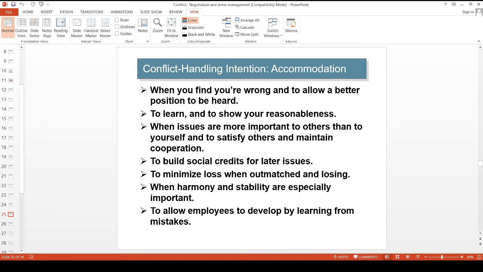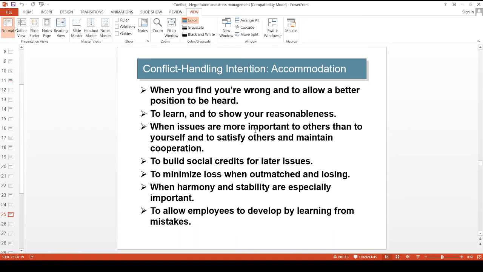The accommodation approach is better used when you find that you are wrong, and to allow a better position to be heard. In this situation, you try to accommodate the other party to learn and to show your reasonableness, that the other party's concerns are more important for you, and you trust the other party's viewpoint and try to accept it.